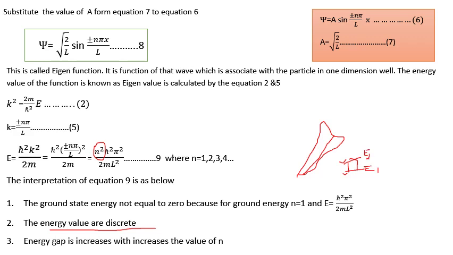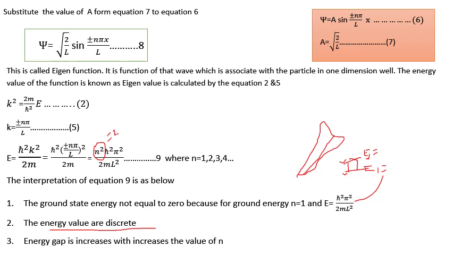The third thing is that the energy gap increases with increasing value of n. If we calculate the first energy level, it will come h cut square pi square upon 2 m l square. But if we calculate the second energy level, we substitute n equal to 2, so n square becomes 4.